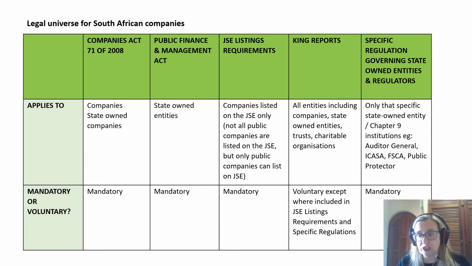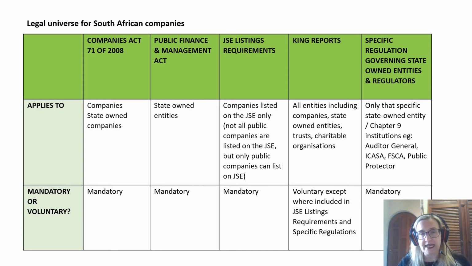If you work for the Post Office, you have your own piece of legislation, and that then has its own regulations, and so that will obviously be governed by those pieces of regulation, and will need to comply with them. Acts are mandatory.